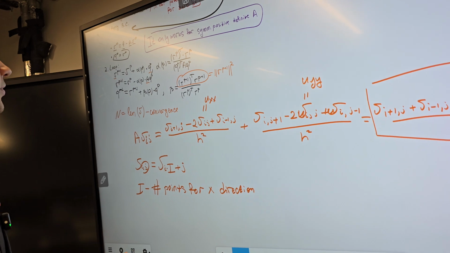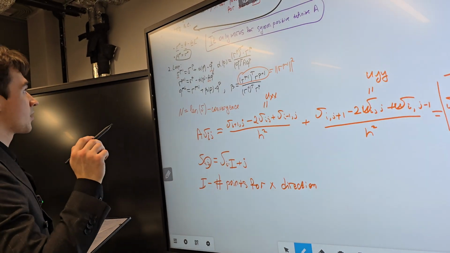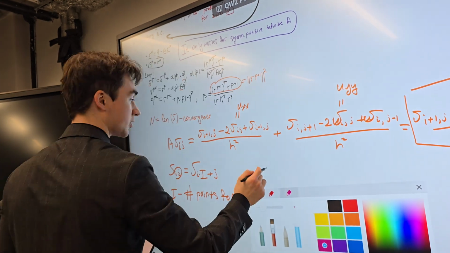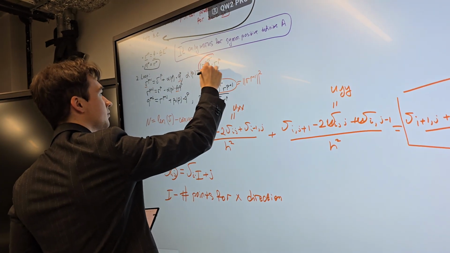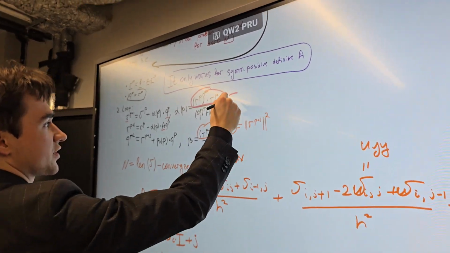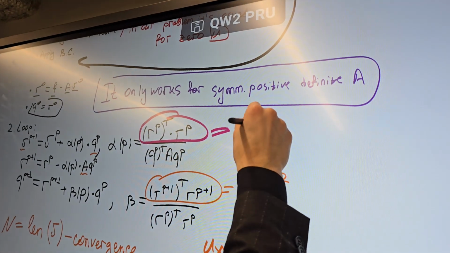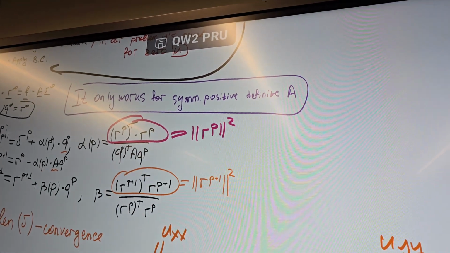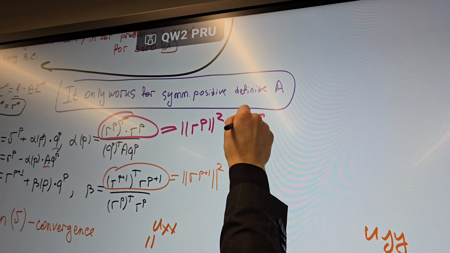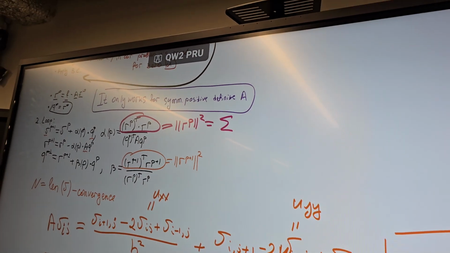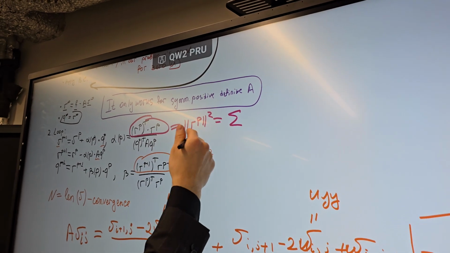And then we need to notice the following. First, and here I need to use red color, this one, as I already said, is the norm of vector r at iteration p, and it's just a sum of each term of vector r squared.